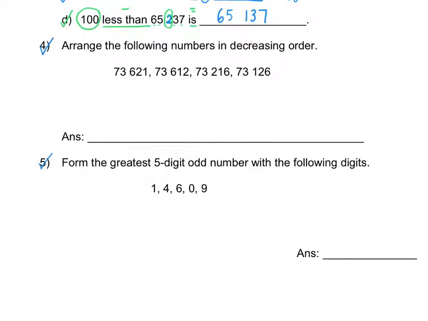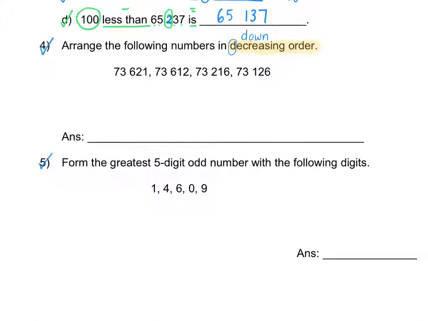Alright, next, let's look at question number 4. Arrange the following numbers in decreasing order. Now you need to know the meaning of this word decreasing. Decreasing starts with the letter D, so basically you can compare it with the word down. It's going down.